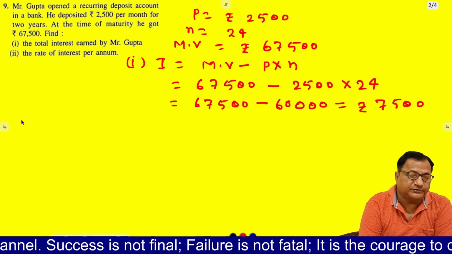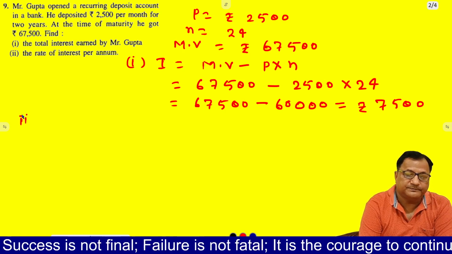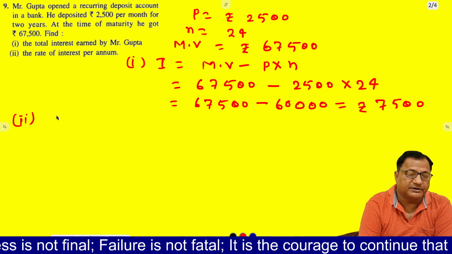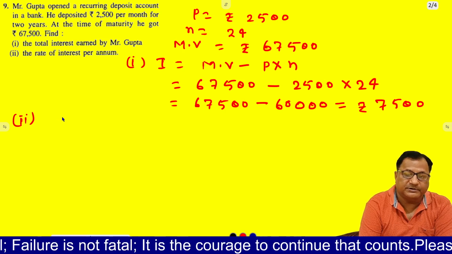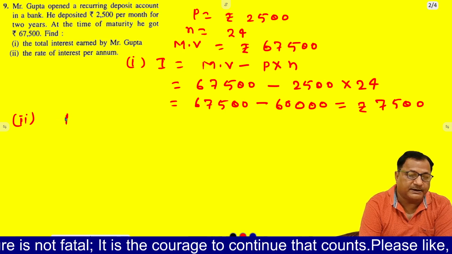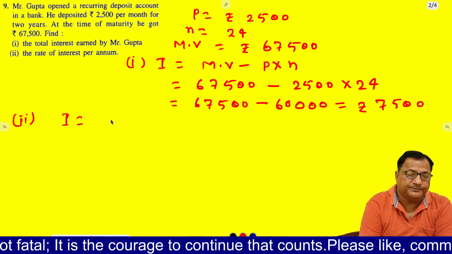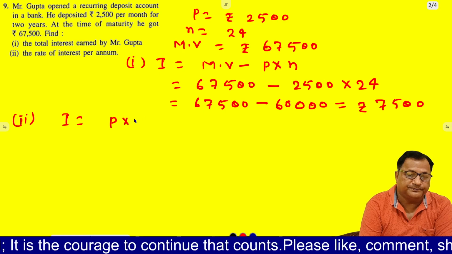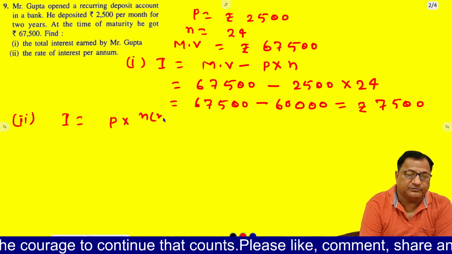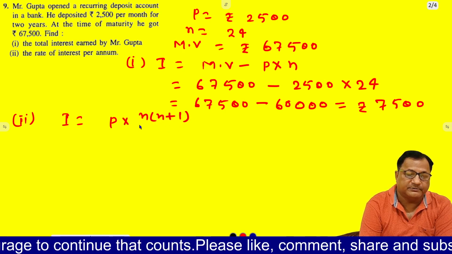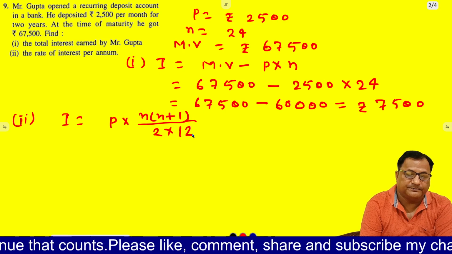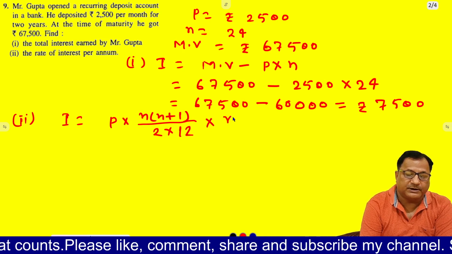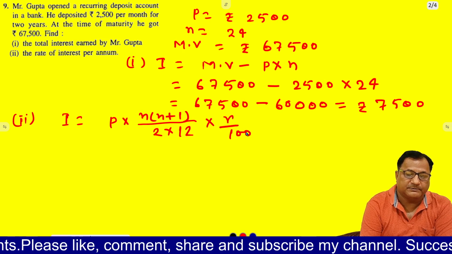Now see question number 2, the rate of interest per annum. For this we will use the formula I is equal to P into n(n+1) divided by 2 into 12 into R by 100.